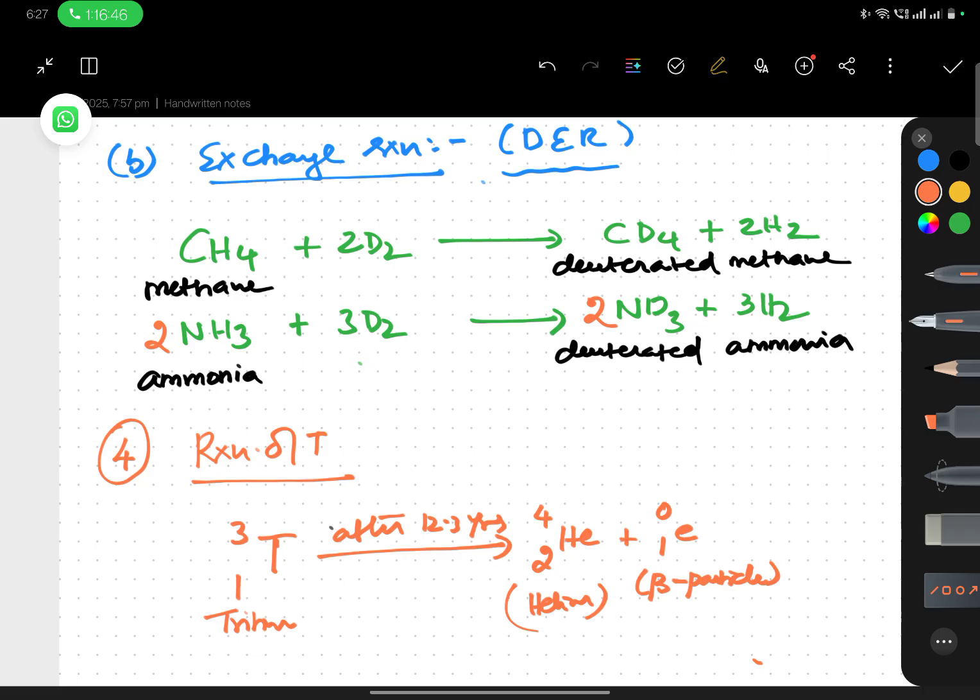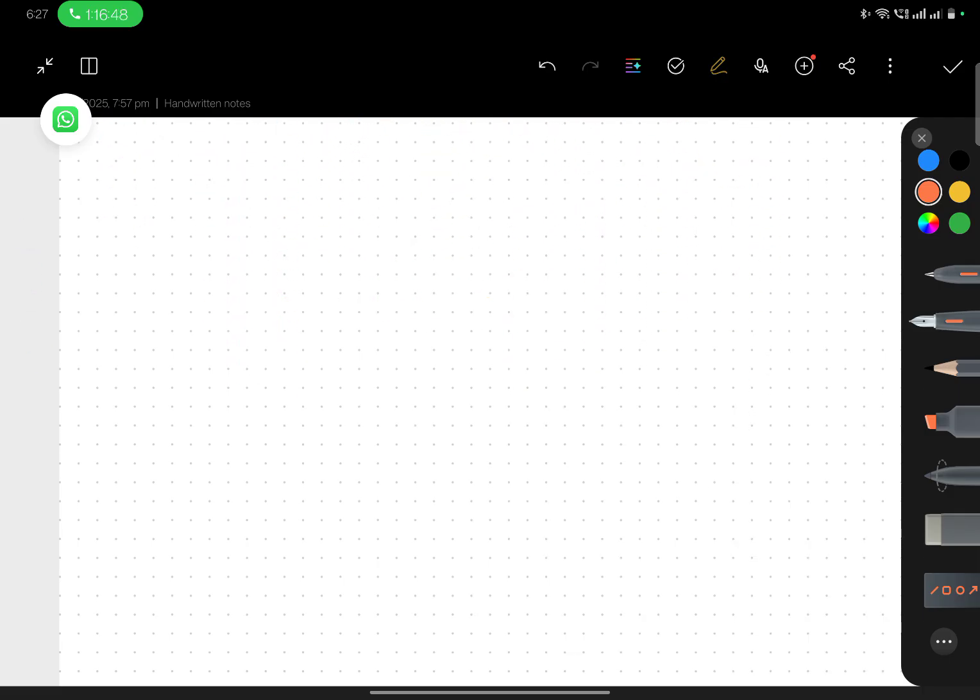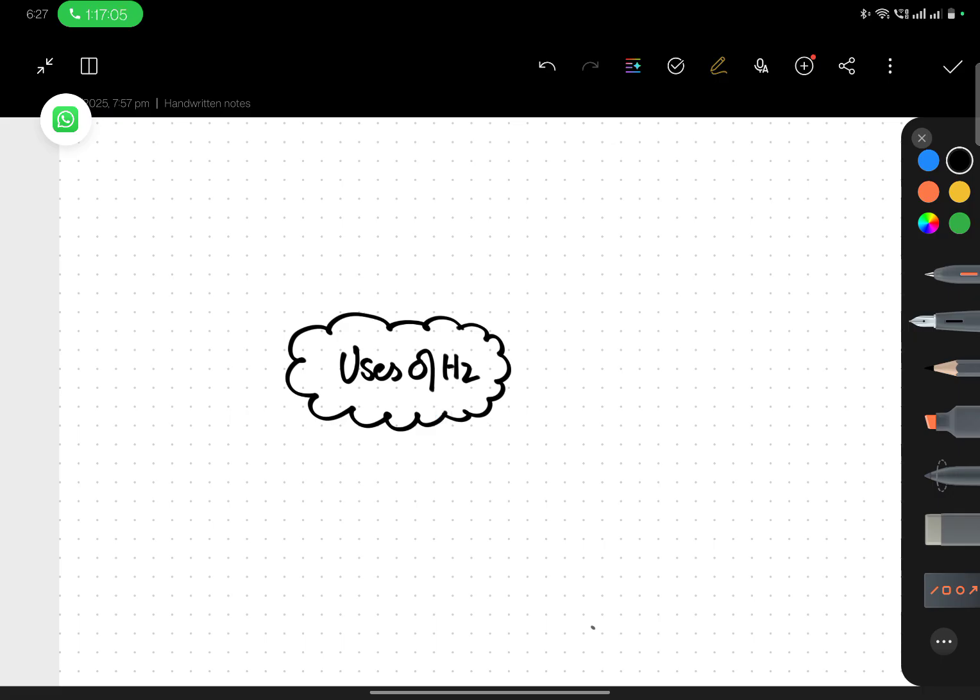So now let us see what are all the uses of hydrogen. Write down. So number one, you can use it for the preparation of ammonia.